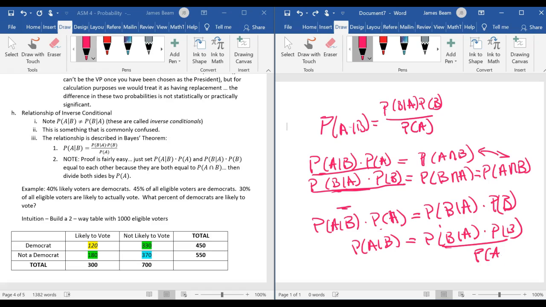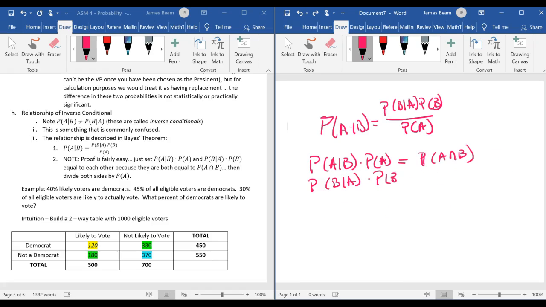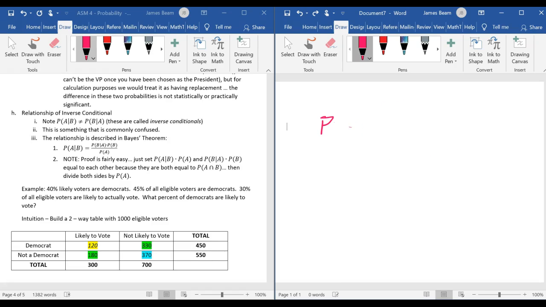I've worked this out in a problem, and we're going to say that we have an election. Okay, and we know that the probability of getting a Democrat, given that we have a likely voter, is 40%.